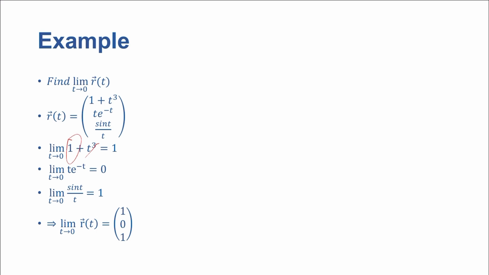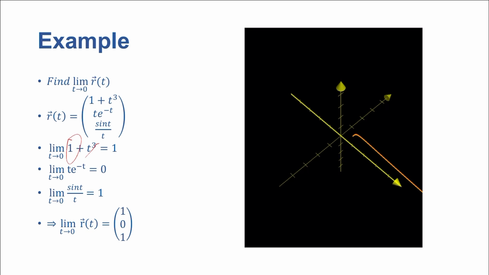Now graphically, we can see what this looks like. So here we have our vector function graphed. The domain of this vector function is t equals 0 to 10. But because the function is asymptotic, it goes all the way off.